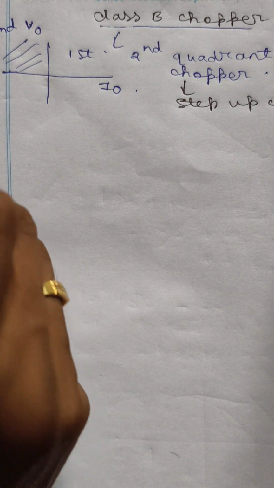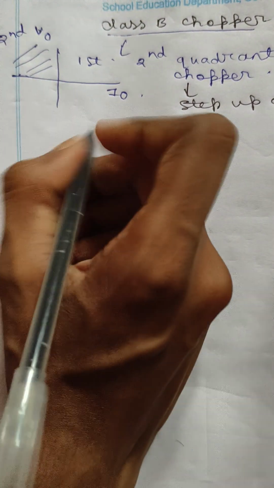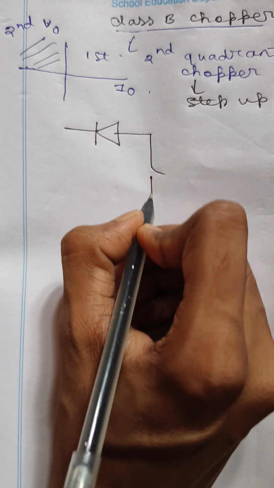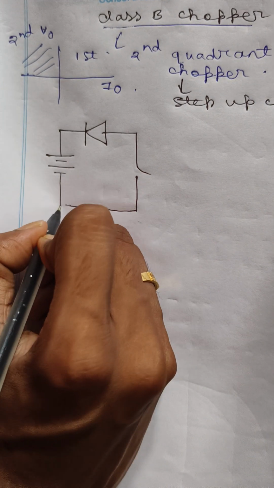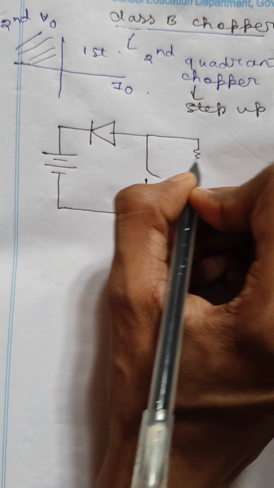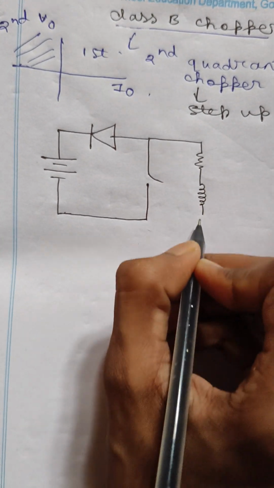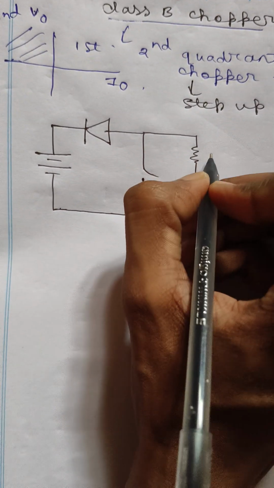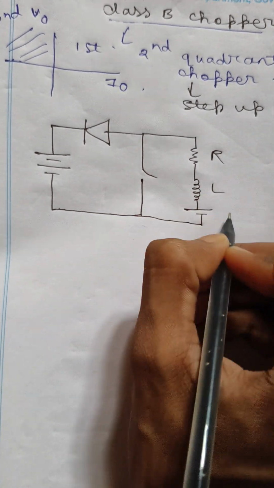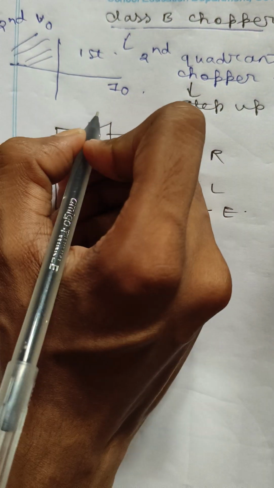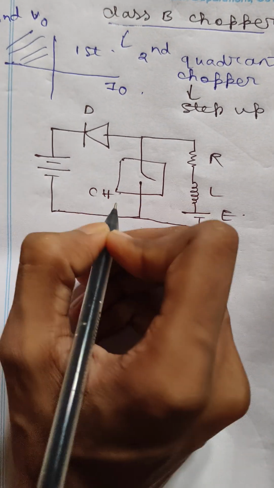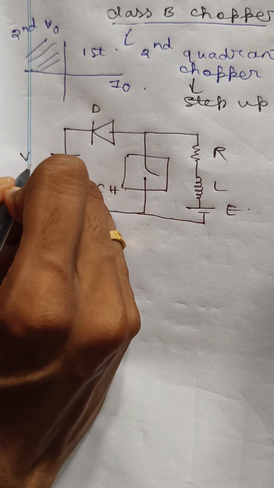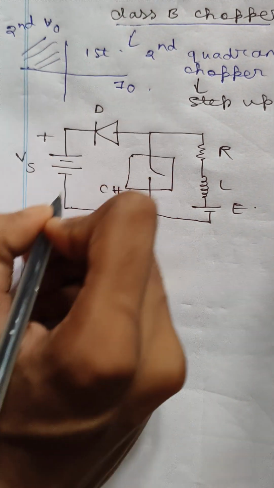So the circuit is like this: R, L and E. This is the diode D, let's say. This is the switch. And this is the Vin or Vs, the supply voltage.